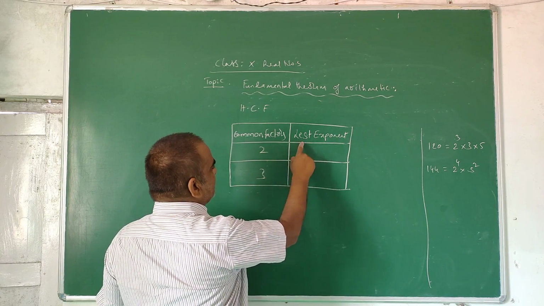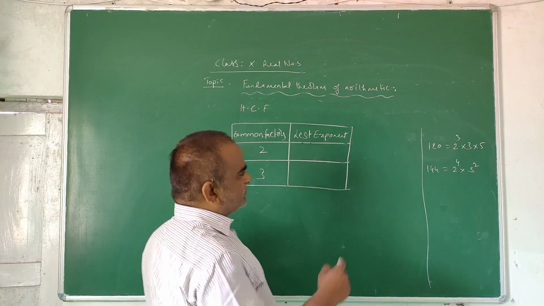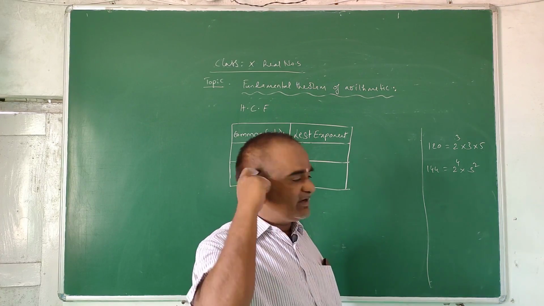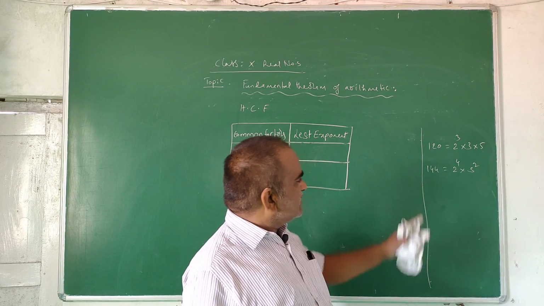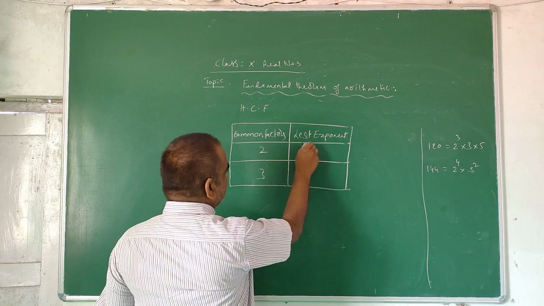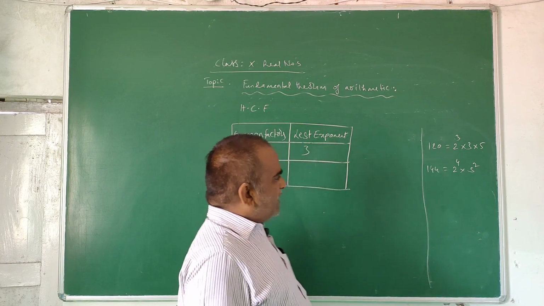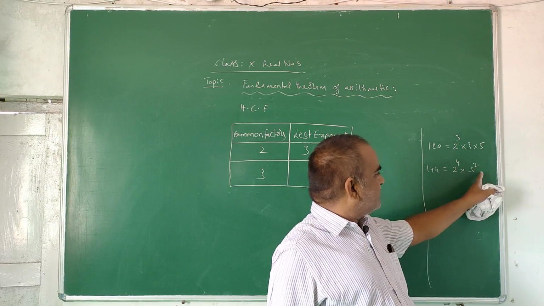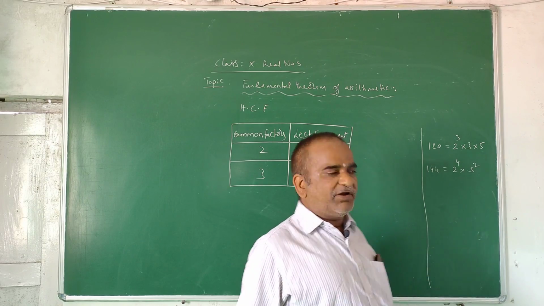Now, what is the least exponent of 2 in the prime factorization? Least exponent for 2, it is 3. So, please take 3 here. And for 3, what is the least exponent? Here it is 1, here it is 2. So, the least exponent is 1.